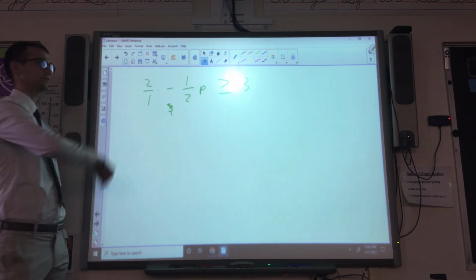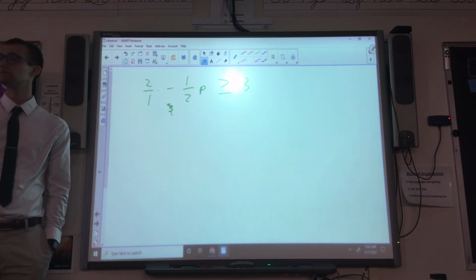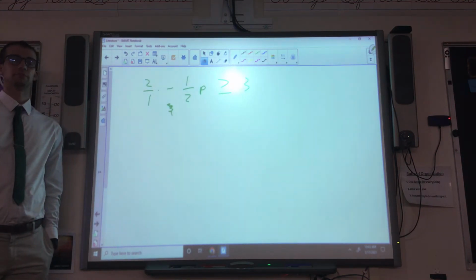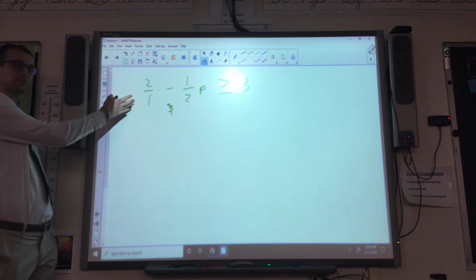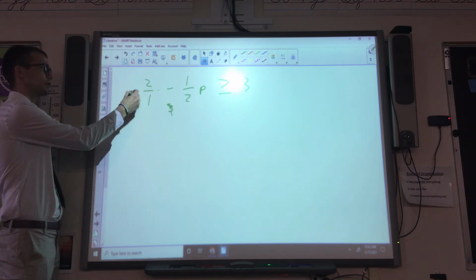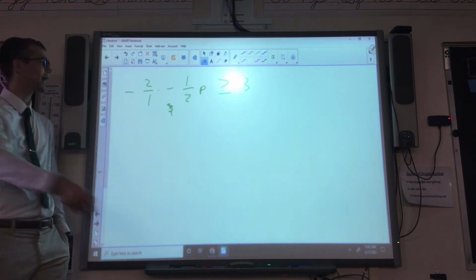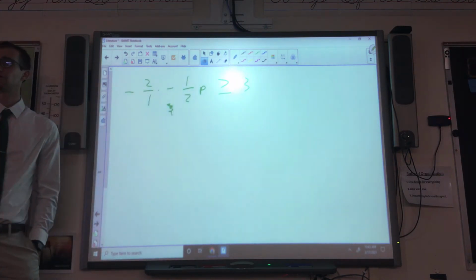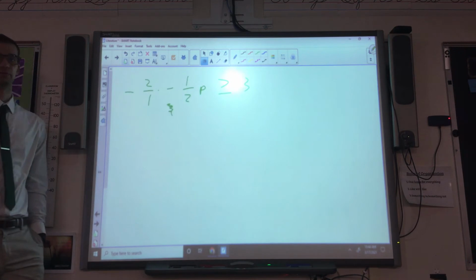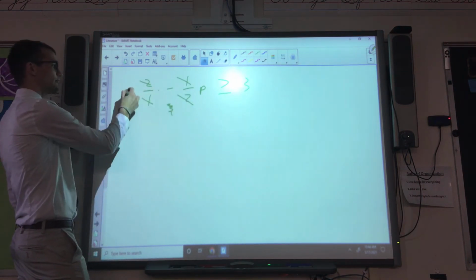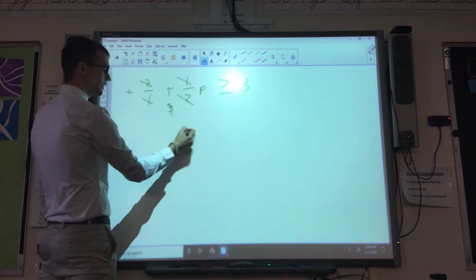If I want to get rid of the negative, I have to multiply by a negative number. A negative times a negative is a positive. I want a positive p, so I have to multiply by a negative. So 2's cancel out, 1's cancel out, negatives cancel each other out, and I just have p left.